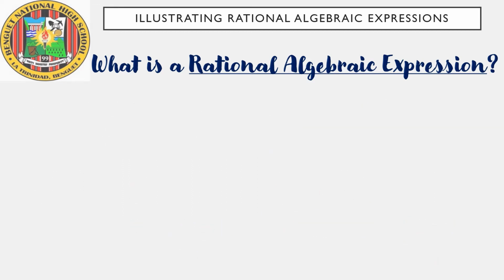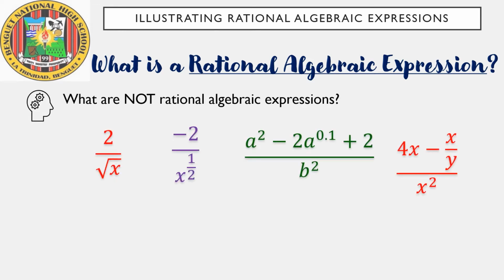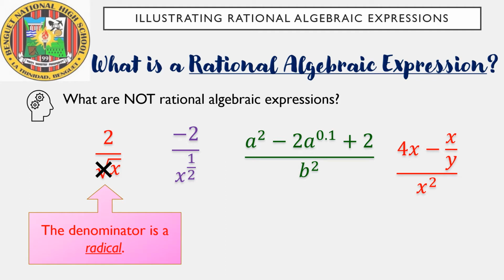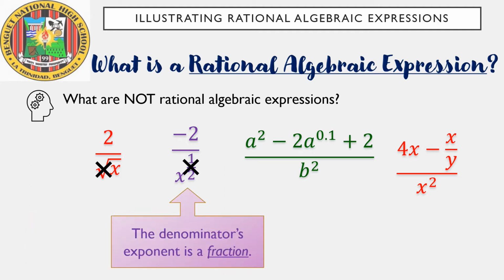Now that we know what a rational algebraic expression is, let's take a look at examples that are not RAE. What makes each of these examples not an RAE? For the first example, it's the radical sign. For the second example, it's the exponent of x, which is a fraction.